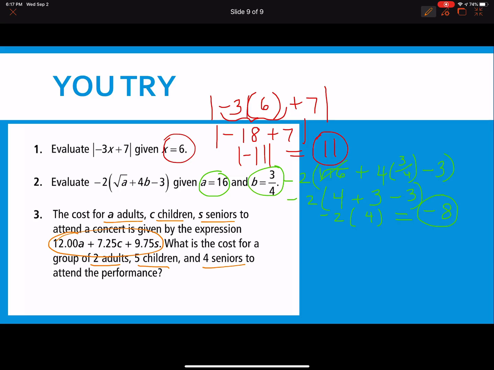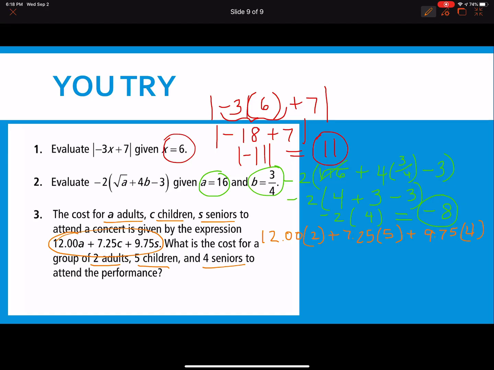So I'm going to replace A with 2. So I've got $12, and I want 2 of those for 2 adults. The cost for children is $7.25, and we've got 5 children attending. And the cost for a senior is $9.75, and we have 4 seniors attending.